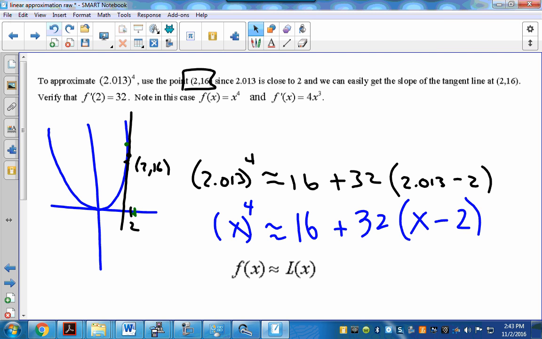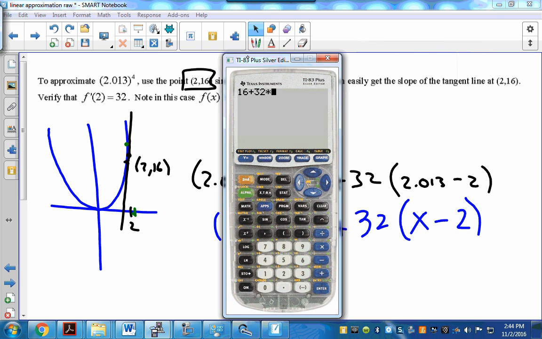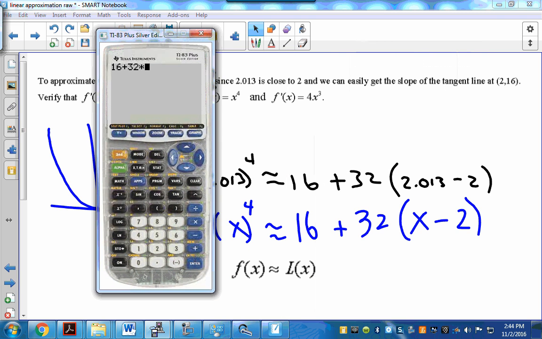If I pull up my calculator and just see what that is: 16 plus 32 times 13 thousandths. Okay, so that's my approximation.